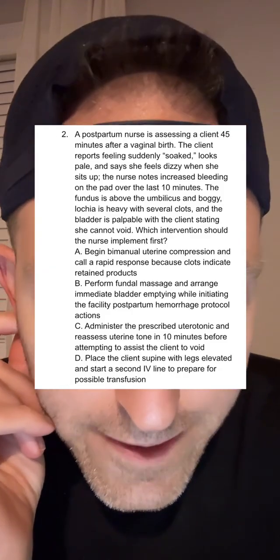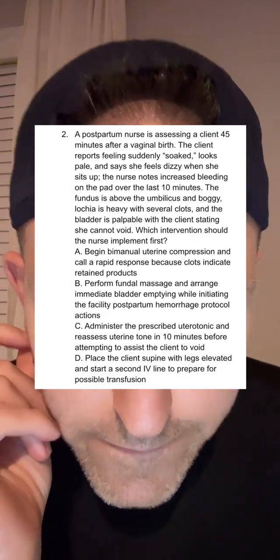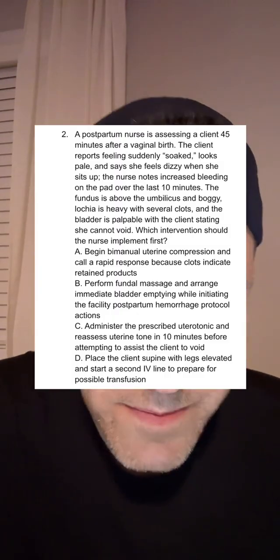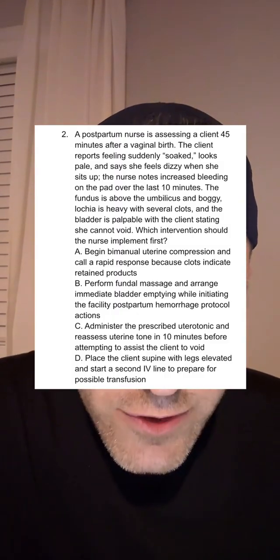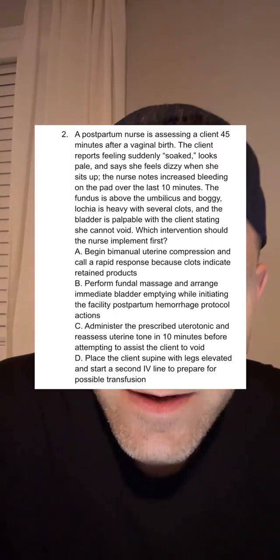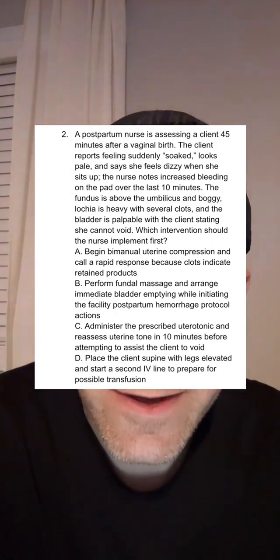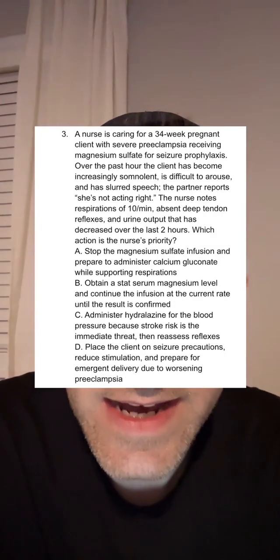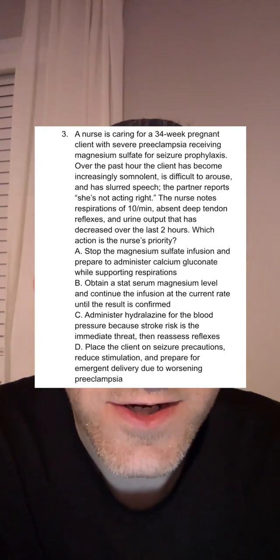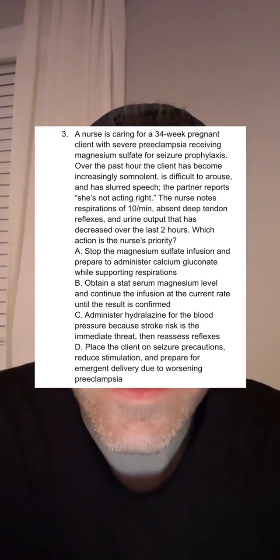And then emptying the bladder treats the reversible contributor there while the hemorrhage steps are initiated without delay. So that is it. You guys nailed it. Let's not waste much time. I don't think anybody got that wrong.